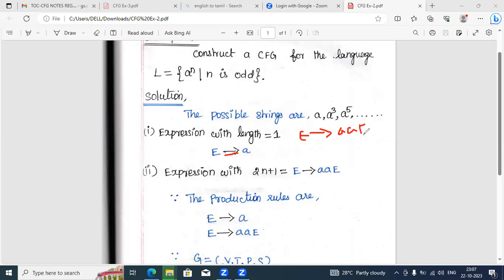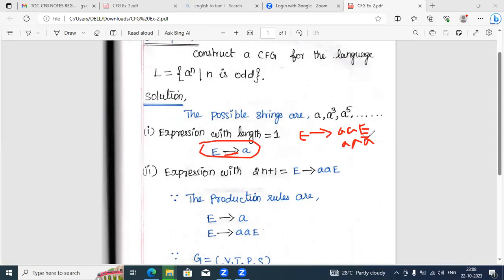But here we have two terminals and one non-terminal, E. We should replace this E. If I replace this E with the production E → a, instead of E, I can put a. Then I will get aaa, because I replaced this E as a. Now I get 3 a's.